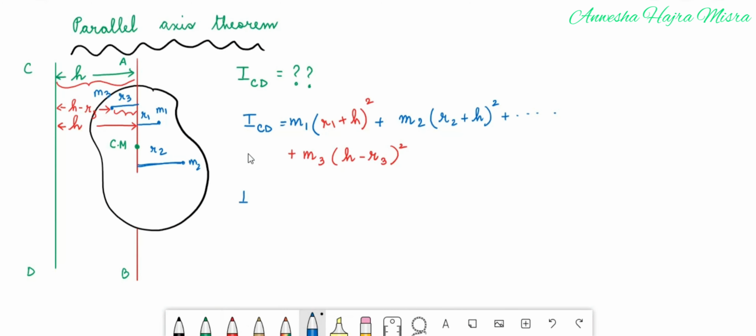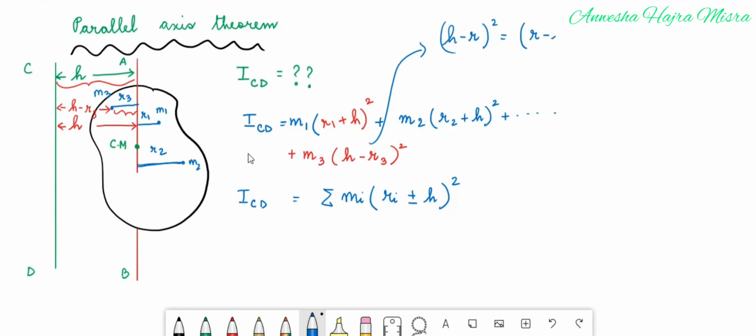So ICD can be written as summation of all mi (ri plus minus h) whole square. Now (h minus r) whole square is equal to (r minus h) whole square.